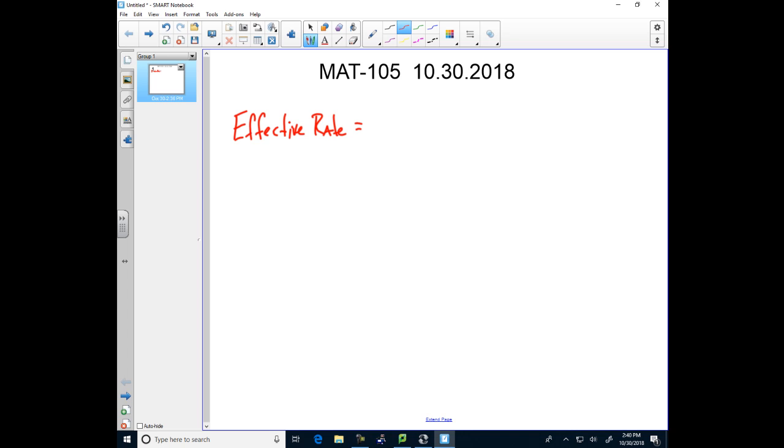The effective rate is the dollar amount of the interest divided by the dollar amount of the proceeds times the time. And I think some people, when you put this in your calculator, it wound up looking like this.